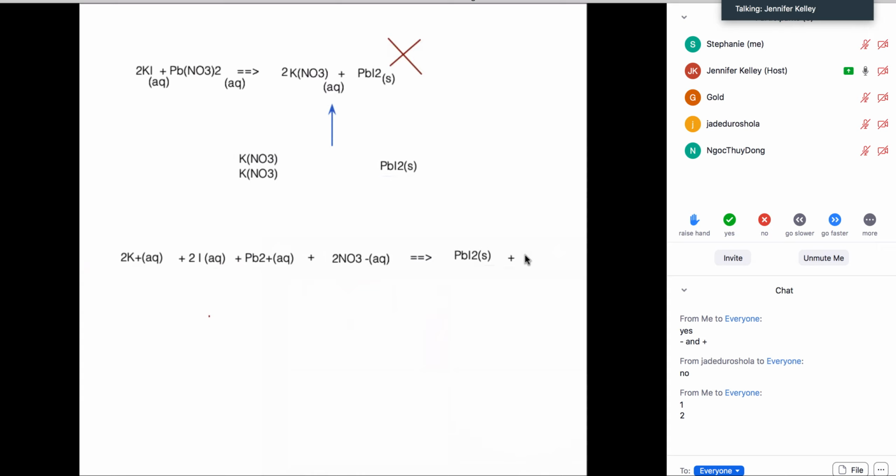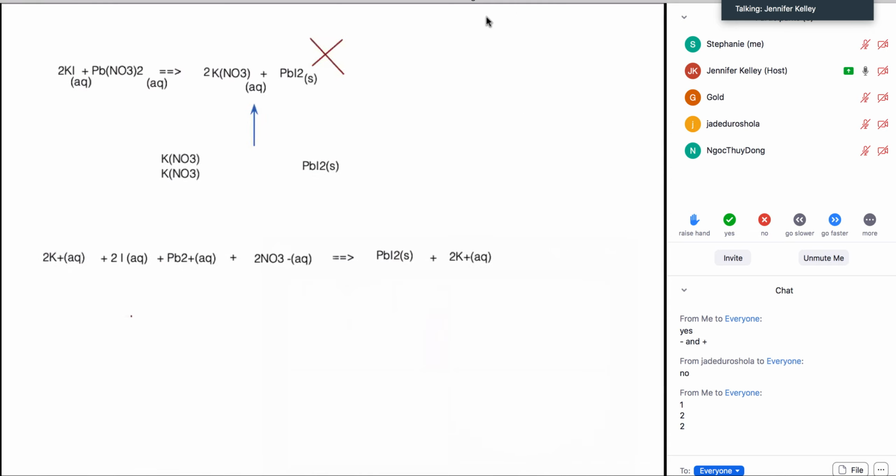So when I look at this now and I have 2 potassium nitrates, what's the coefficient for the potassium? 2. Good. And what's going to be the coefficient for the nitrate?